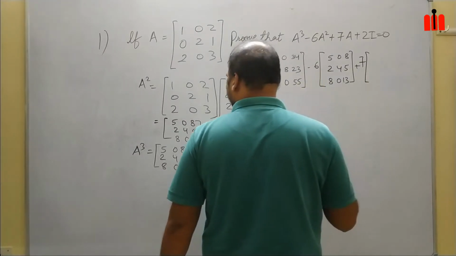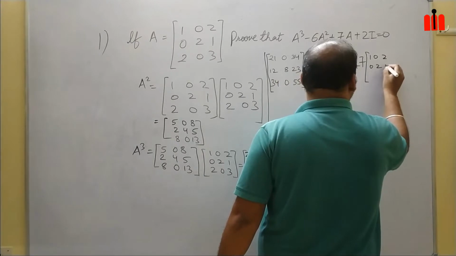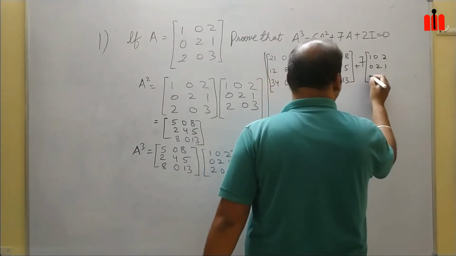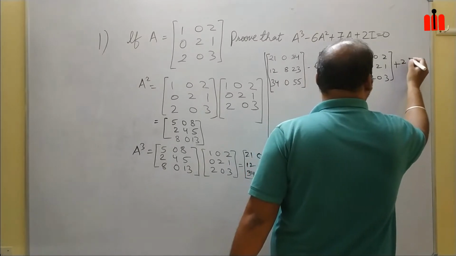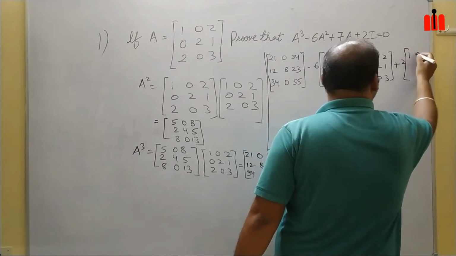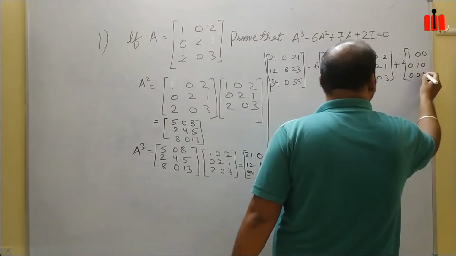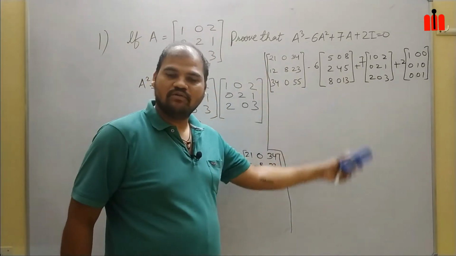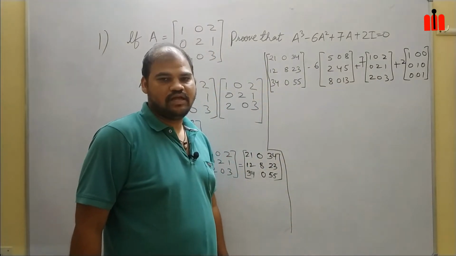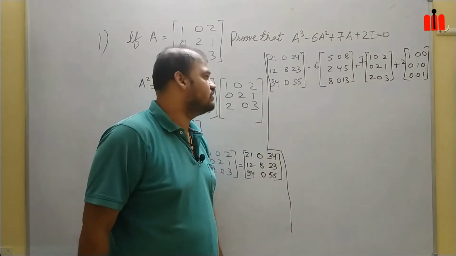What will be A? 102, 021 and 203, plus 2I. I is identity matrix 100, 010, 001. So we have to do the sum of this entire expression. This entire expression we have to do the sum and we have to show that it is equal to 0.